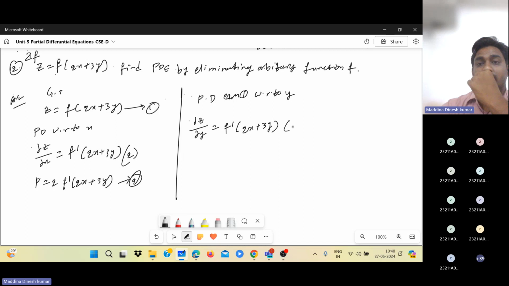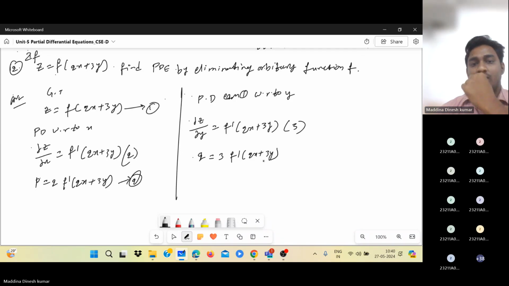This 2x will become 0, this 3y will become 3. 0 plus 3 is 3. In place of ∂z/∂y, you can write q. Then you will get q equals 3 f dash of 2x plus 3y, and it is equation number 3.